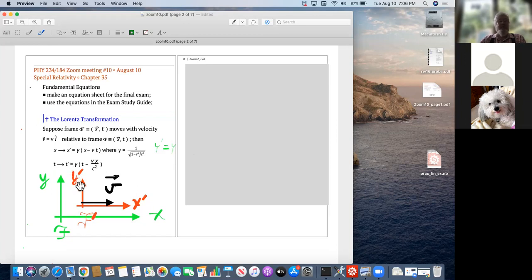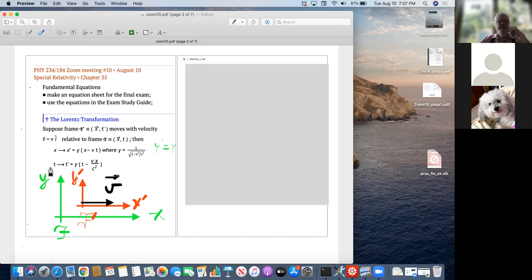So an observer traveling along in the frame F prime will be observing time intervals which are different than the time intervals observed by the observer at rest on the Earth. So that's one of the surprising features of special relativity.